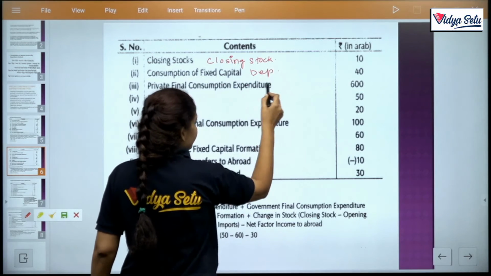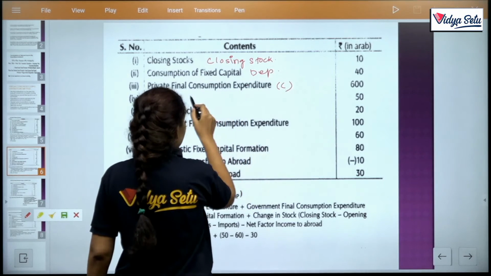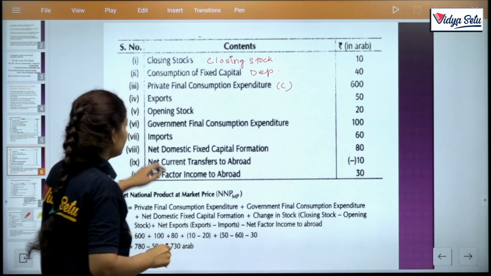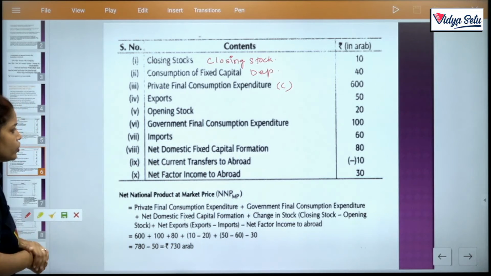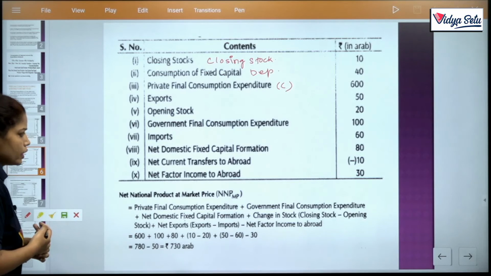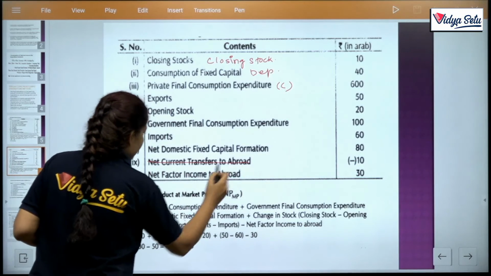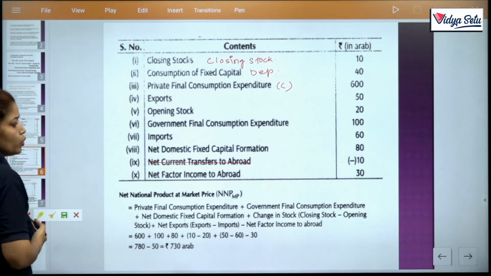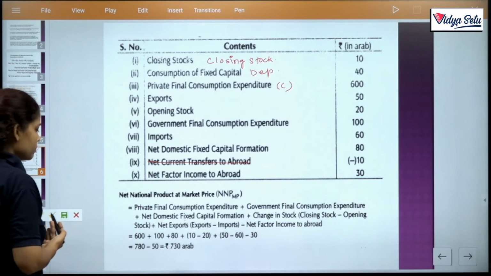This is private final, this is C. This is exports, opening stock, government final consumption expenditure, imports, net domestic fixed capital formation. Okay, so net domestic fixed capital formation, how we calculate, plus change in stock. Clear? Okay. Here again net current transfer to abroad. Current transfer to abroad, don't touch it at all. Clear? Factor income to abroad, that is 30, that means minus.